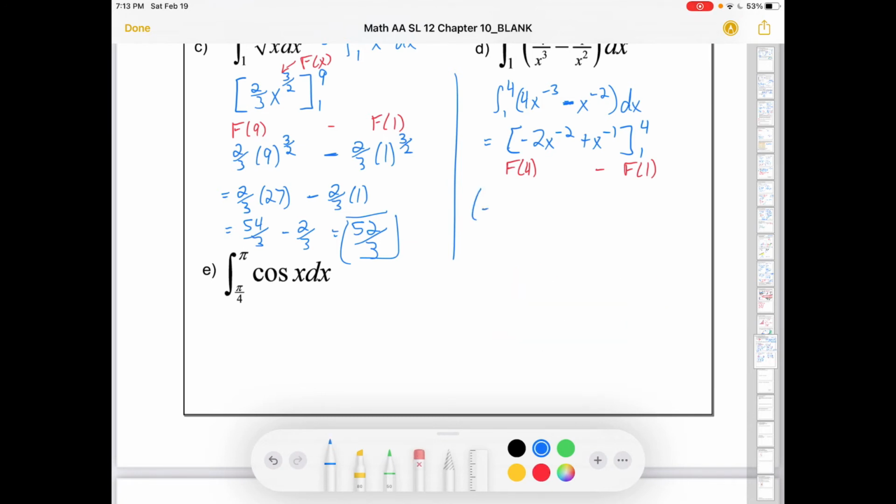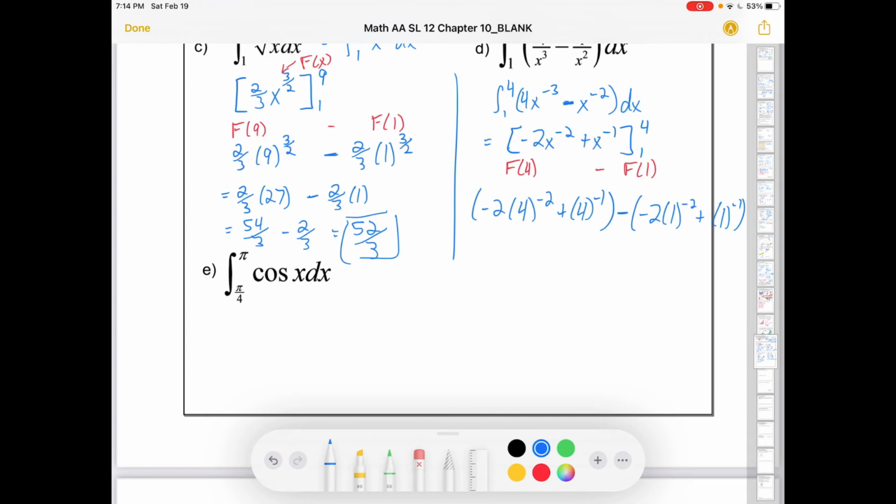I'll be really careful as I put it in. -2 times 4 to the -2, plus 4 to the -1. It might have been smarter for me to change that x to the -2 as an x squared on the bottom. That's okay, we can deal with negative exponents. We're tough. Plus 1 to the -1.